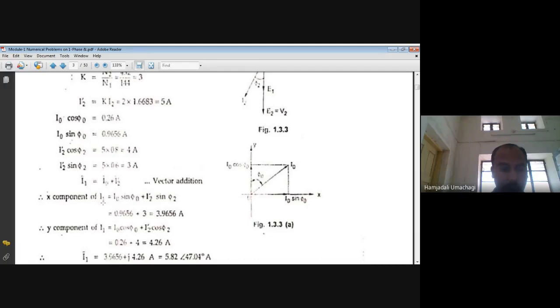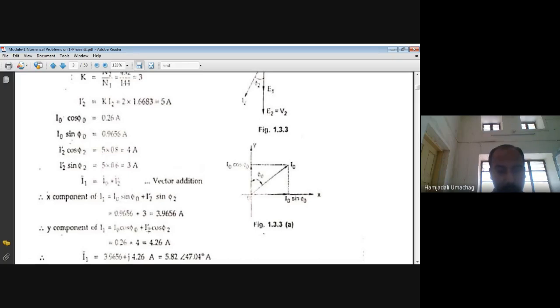Similarly, you calculate the y component. For the y component, we are taking the cosine function. So I0 cos phi naught plus I2 dash cos phi 2. In place of sine, you replace that by the cos function here. I0 is 1 ampere. Cos phi naught means the no load power factor, cos phi naught is 0.26.